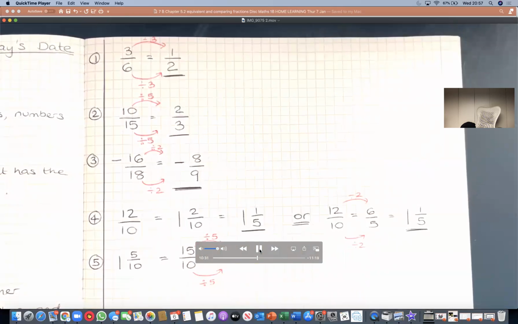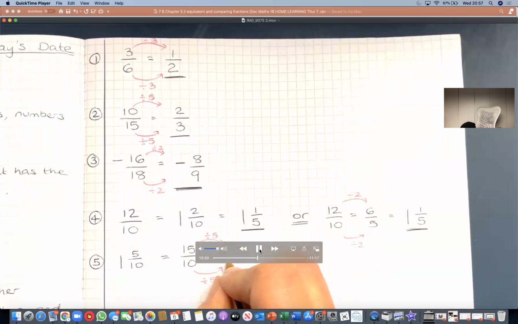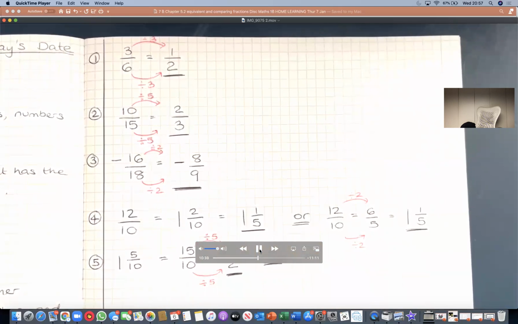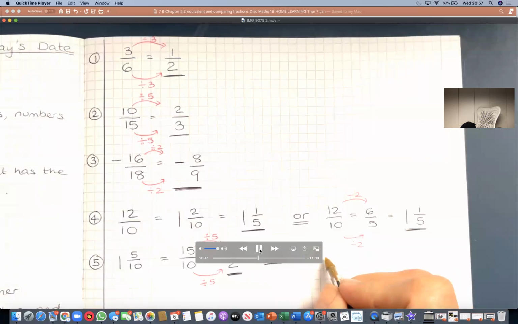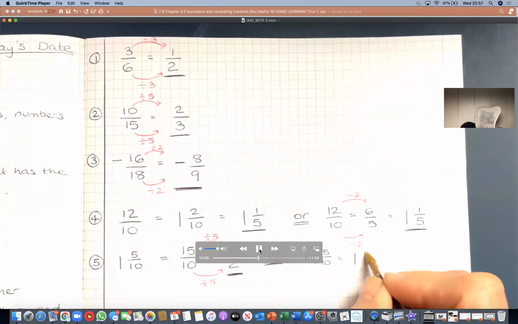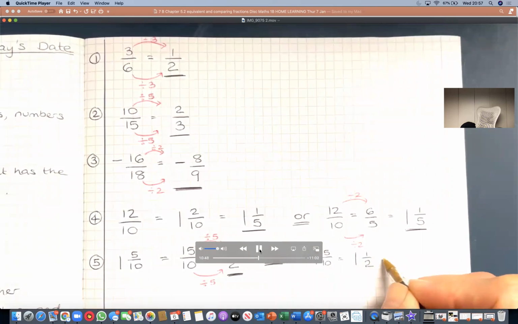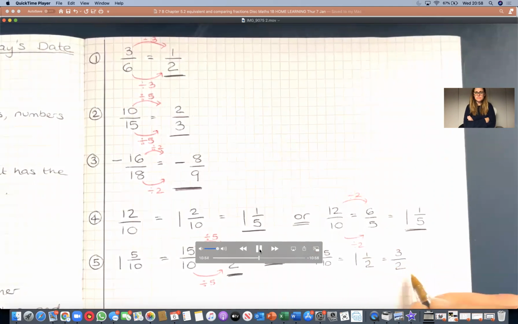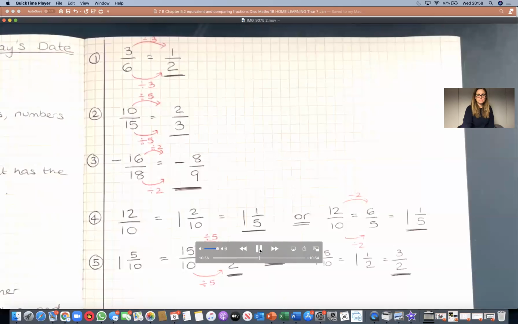That's going to give me 3 as my numerator and 2 as my denominator. Again, there's an alternative way of doing it. I can do the simplification first. So I start with 1 and 5 over 10. I simplify it to 1.5 first, and then I do 1 multiplied by 2 is 2. Add 1 gives me 3 over 2 as my improper fraction.